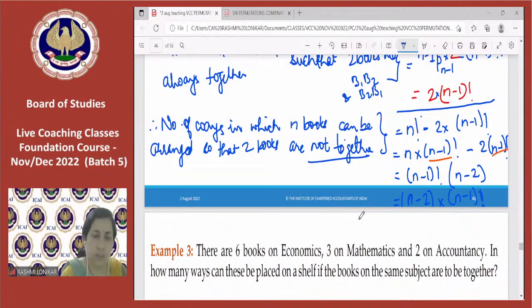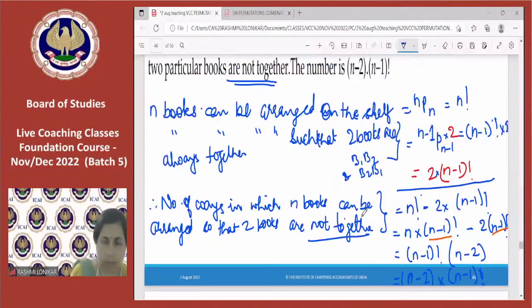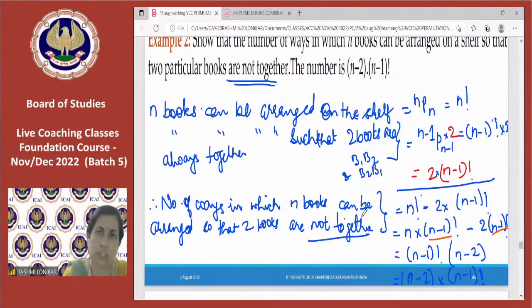So the thing you have to remember is first without restriction, then we are taking the restriction that they are always together. From the no restriction, if I subtract always together, what do I get?